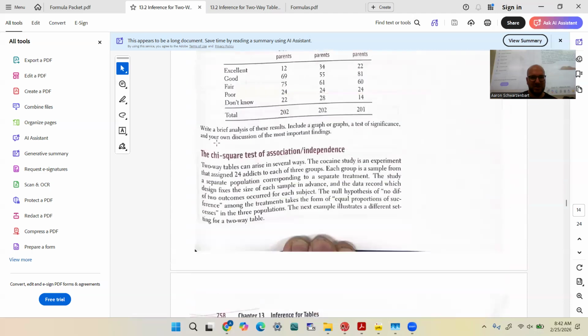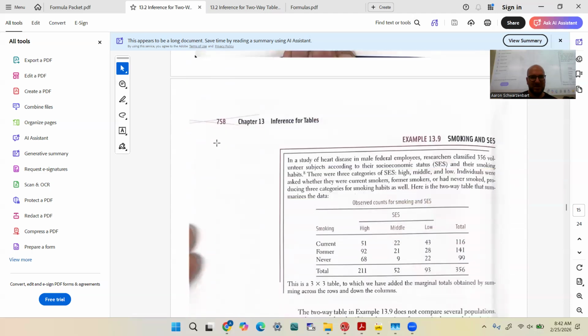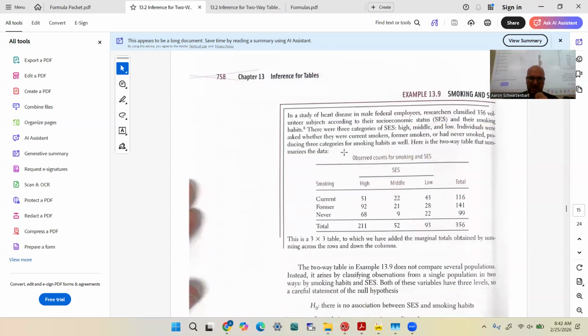So, a couple more examples here. Association independence. In the study of heart disease in male federal employees, researchers classified 356 volunteer subjects into their socioeconomic class and their smoking habits. So, socioeconomic class would be high class, wealthy, middle class, lower class.